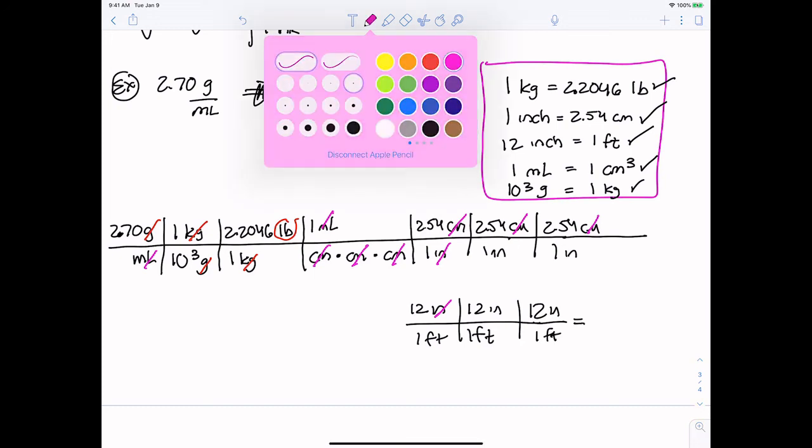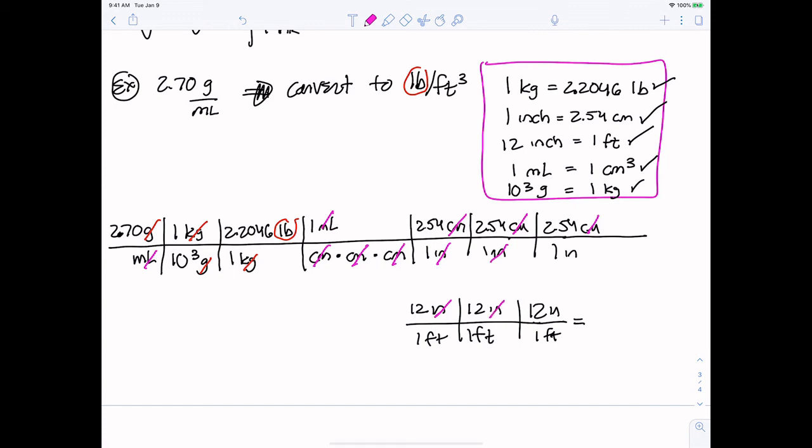Now I can finally get my answer, right? Those inches canceled, and then those inches canceled. I'm left with feet cubed on the bottom, right? Foot times foot times foot is feet cubed.